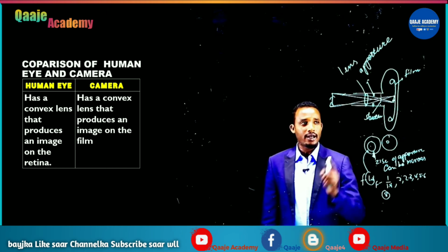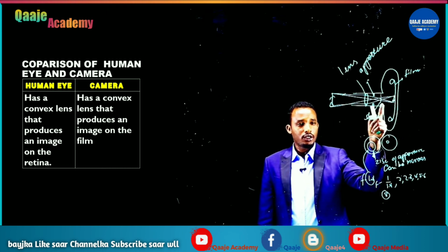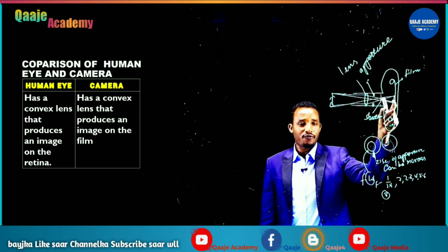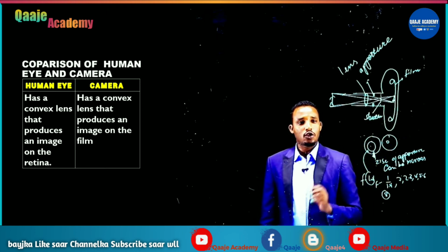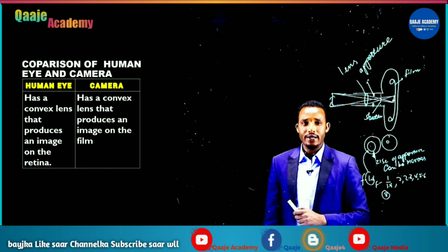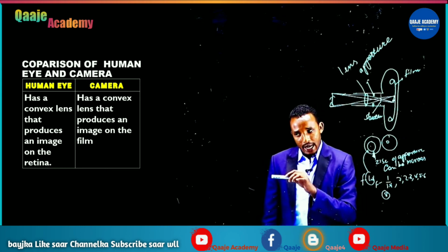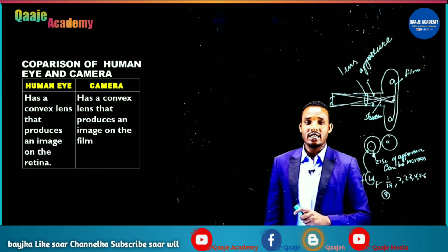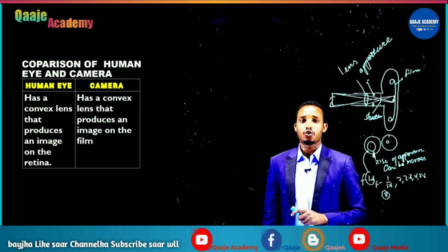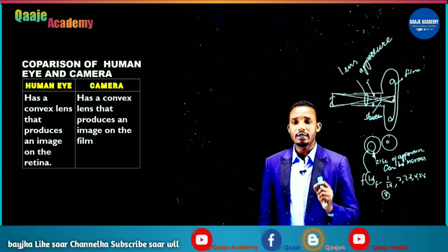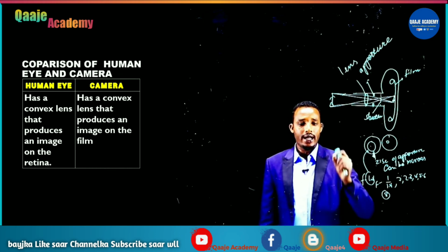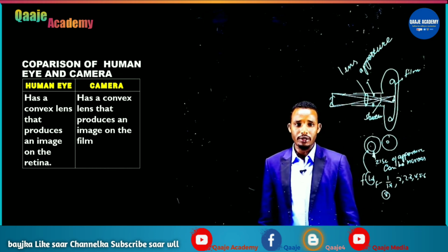Kamaradu waxay soo saartaa real image, inverted and smaller on the film. Isha bini'aadankana has a convex lens that produces an image on the retina. Okay. Labaduba waxay sameeyaan real image, smaller ah, inverted ah, xagee ku sameeyaan, filmka dushiisa ku sameeyaan.